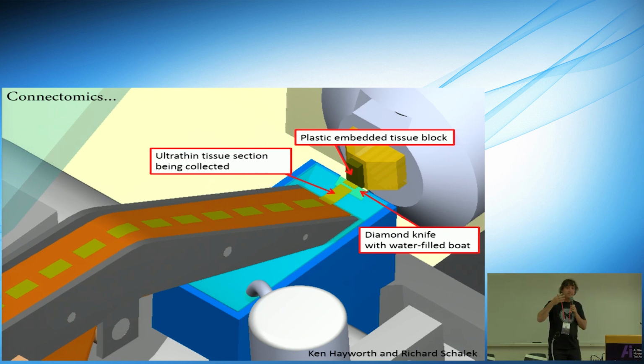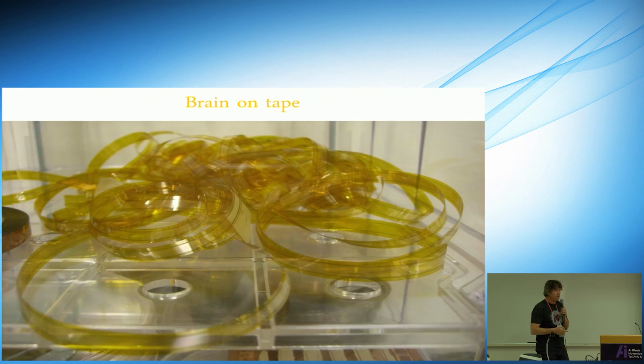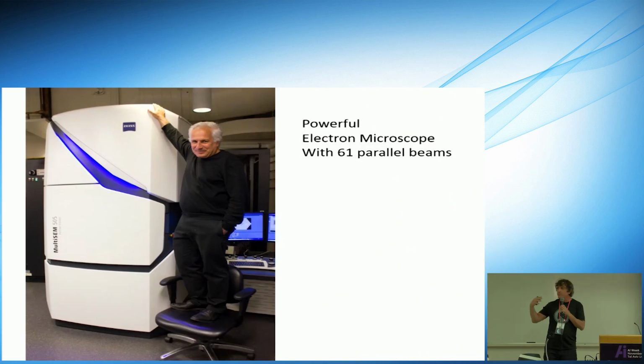You slice it and dice it. You take a cubic millimeter and slice it 30,000 times into thin layers and put it on tape, so you have this brain on tape, and then we put it under an electron microscope. This is my colleague Jeff Lichtman from Harvard next to the multibeam microscope, to show you how small Jeff is.